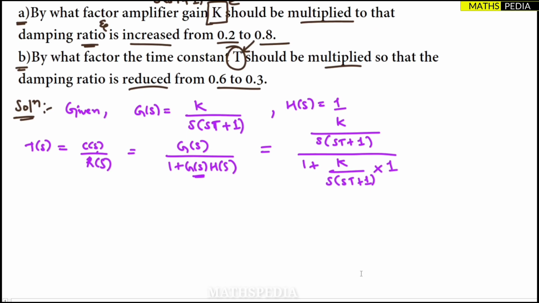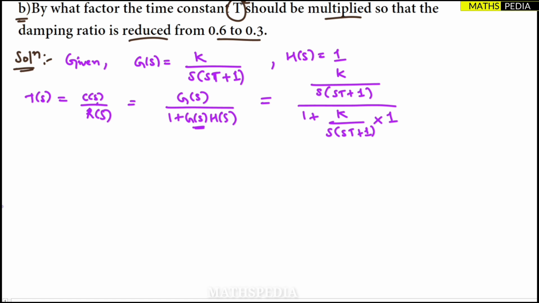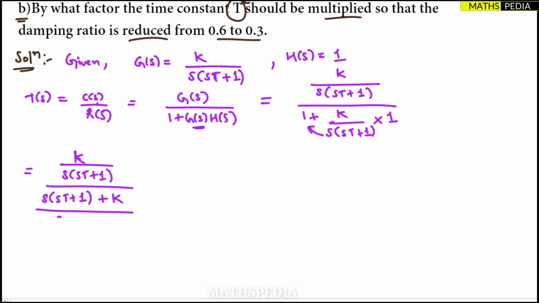So it will be K divided by s into (sT plus 1), whole divided by this, we can take the LCM. So it will be s into (sT plus 1) plus K into 1 is K, whole divided by s into (sT plus 1).